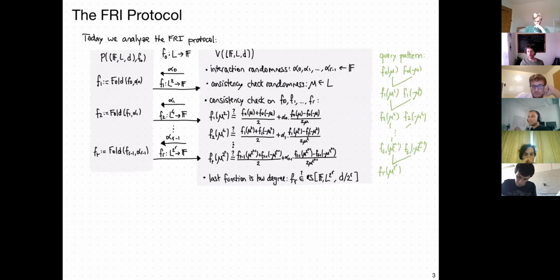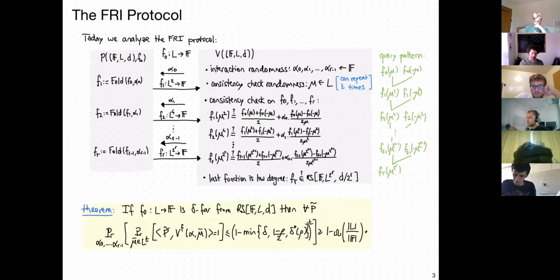Okay, so we said that we were doing that, and we have this query pattern, and the whole thing can be repeated t times, so we can boost the soundness if we'd like. Now we have this monster of a theorem, which is actually quite simple. It just looks long.